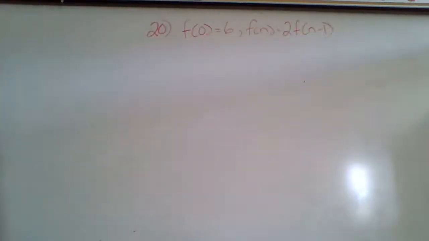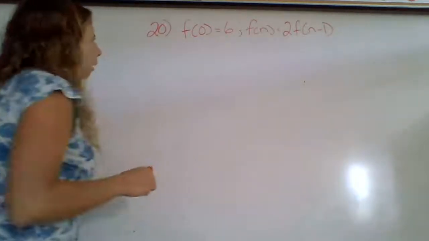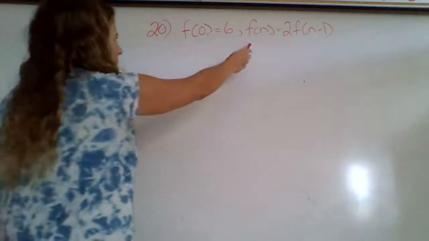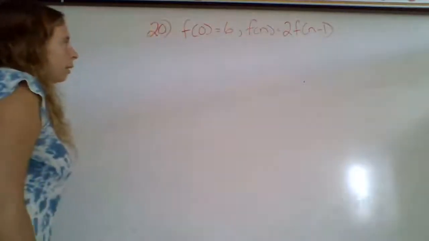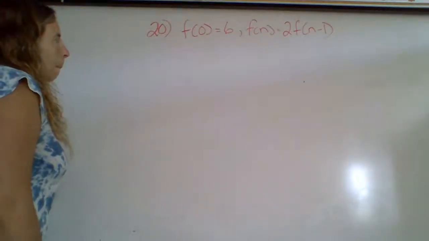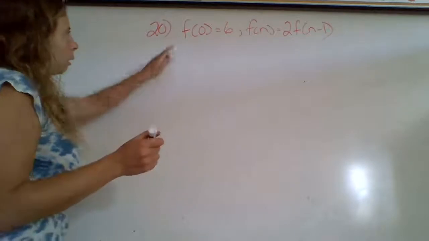All right, number 20. So same thing. We have to write the first 5 terms, and they give us a recursive formula or equation, whatever. So f of 0 equals 6, and then they have f of n equals 2 f of n minus 1. So once again, they tell us where to start.